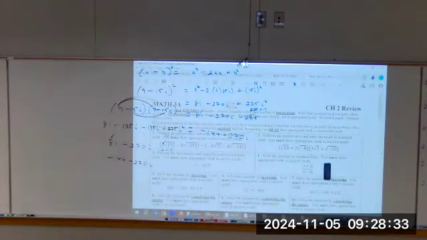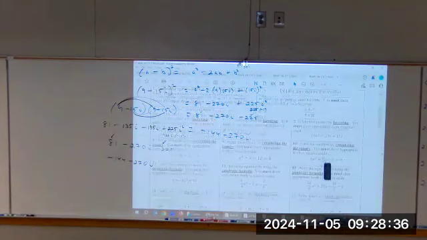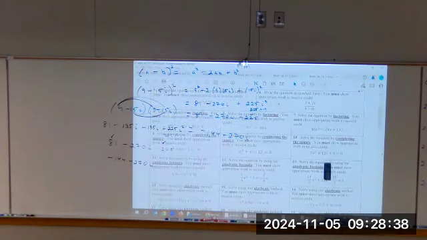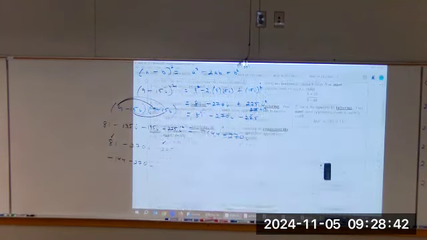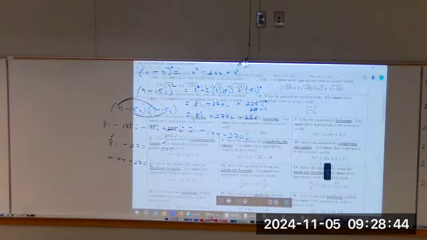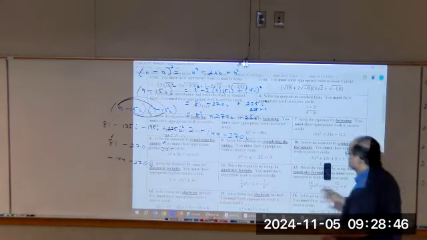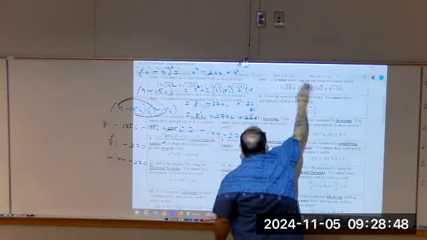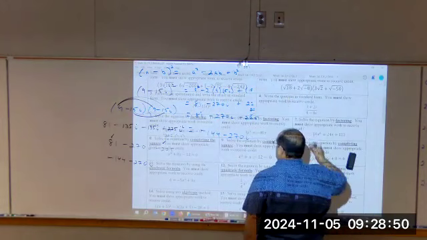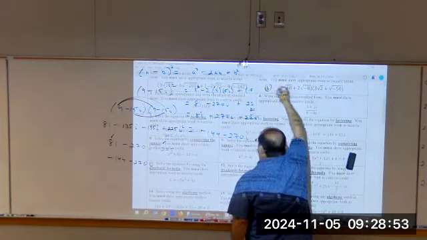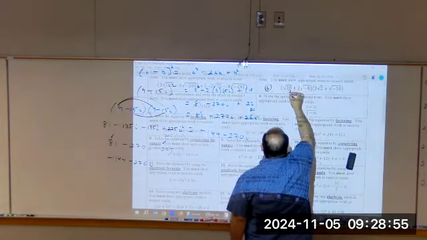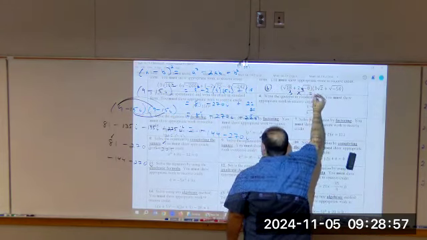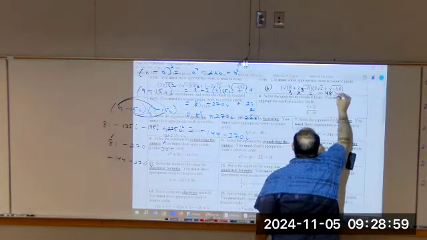So the directions on 6, you have to solve by factoring. Have to. 3x to the third equals negative 48x.